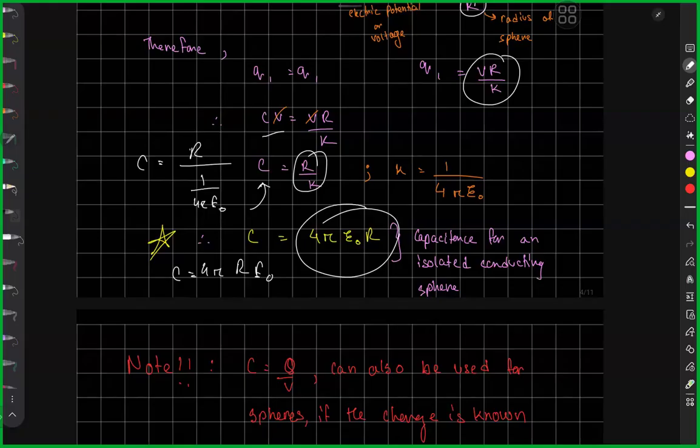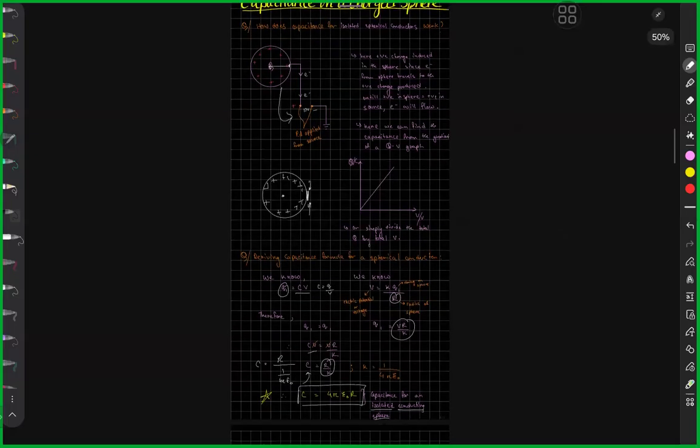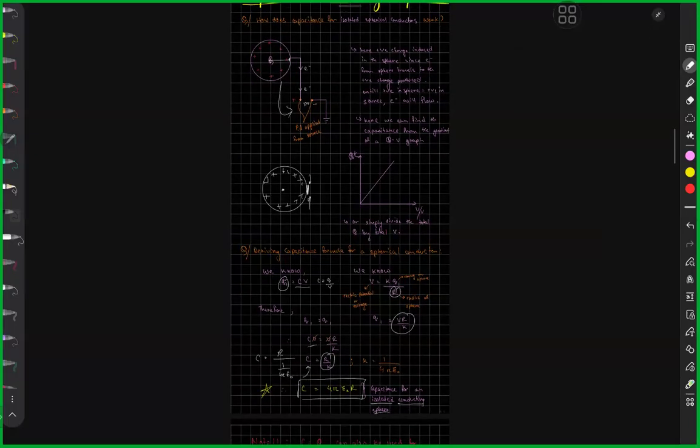So this is the expression or formula for capacitance of a spherical conductor, an isolated conducting sphere. Better phrased. Do we get this formula? This derivation, I don't know if it will come, but it's easy.